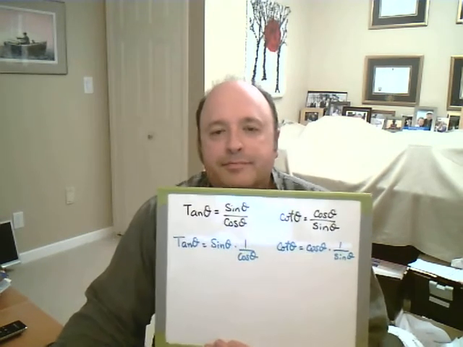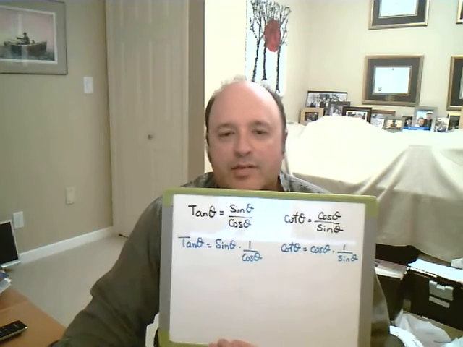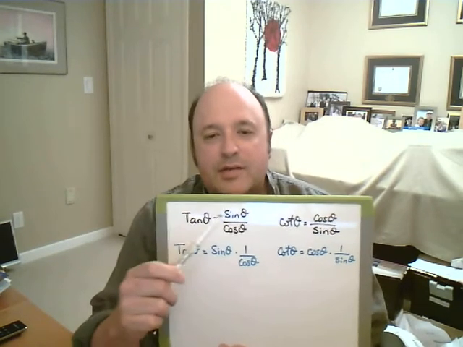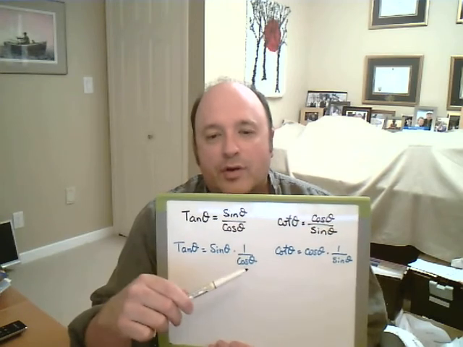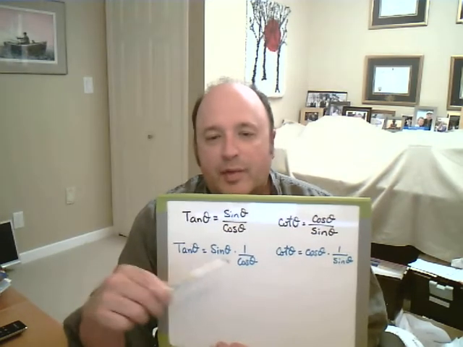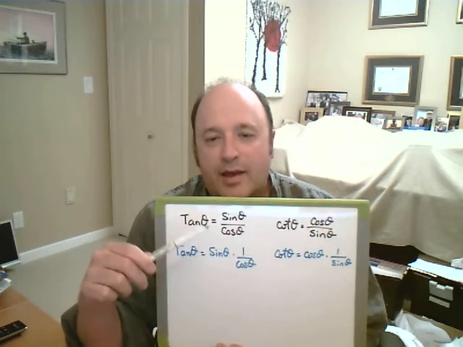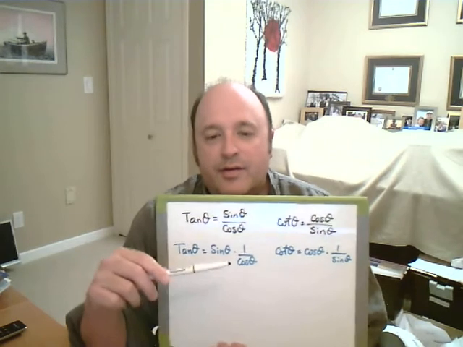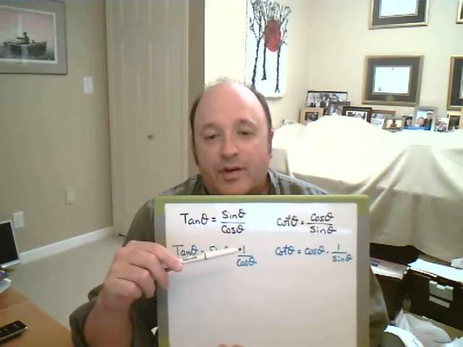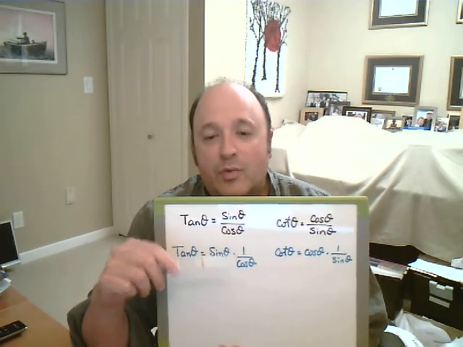Okay, so I want to make the next 2 algebra triangles, and what I'm going to do is take tangent is equal to sine over cos and rewrite it as sine times 1 over cos, because if you multiply those 2 fractions, sine over 1 times 1 over cos, then I get this over here. And I have a knowledge of what 1 over cos is.